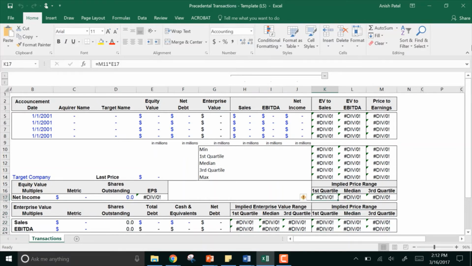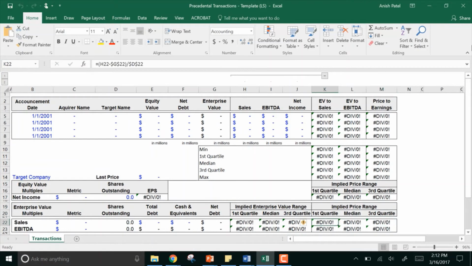So using the equity value multiple, you'll notice that my implied price range has been limited to a first quartile to a third quartile, and the way I get that price range is by taking the price to earnings first quartile multiple, which I determined from my peers, from the precedent transactions, multiplying it by the earnings per share of my company, the company that I'm trying to value. Similarly, it's the same thing for the median. You would take the median price to earnings from your precedent transactions and multiply it by your earnings per share to get the price. And this is how you develop the range using the equity value multiples.